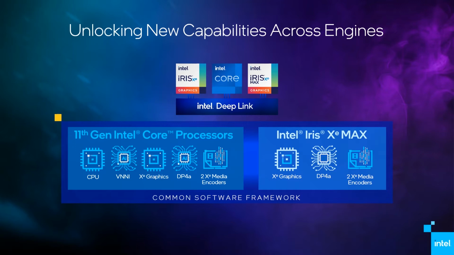So each of the GPUs, the integrated and the discrete, have additional capabilities with respect to media encoding compared to previous generations of Intel processors. This is all accomplished under a common software framework so that you as a developer can have a fair amount of usage and reusage from the coding choices you make when you're developing for Intel Deep Link technology.